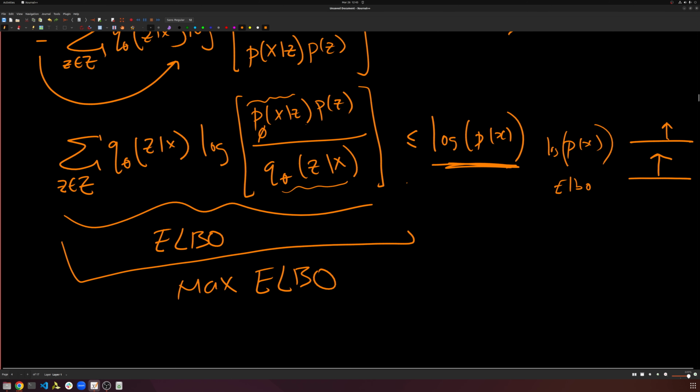The neural network's job is to compute these using training. Everything else is known. So we now have everything we need, which means we want to maximize ELBO using parameters theta and phi, theta being our encoder and phi being our decoder.